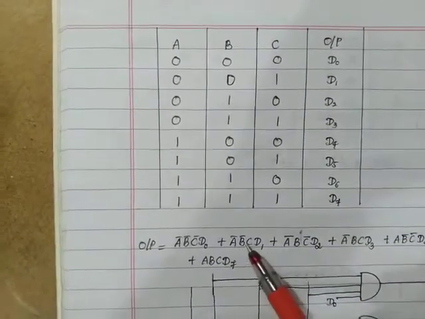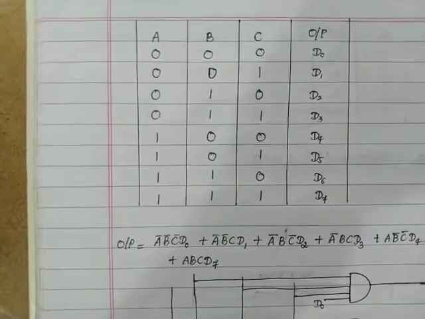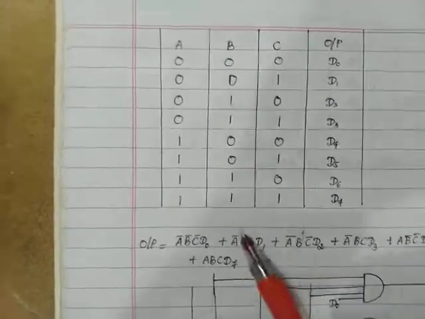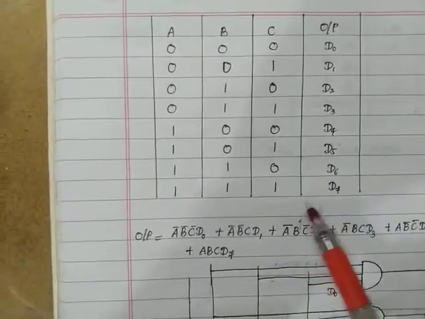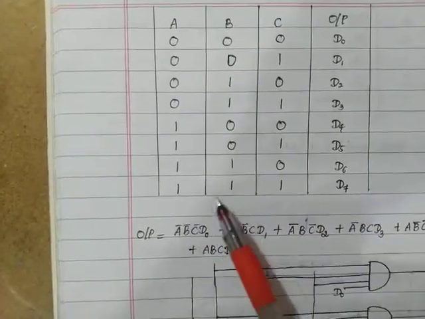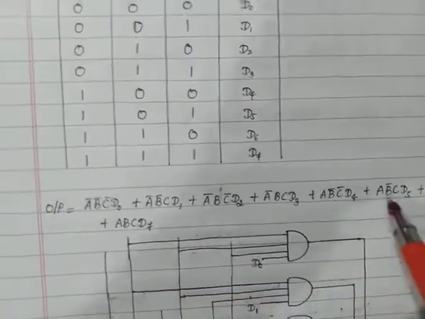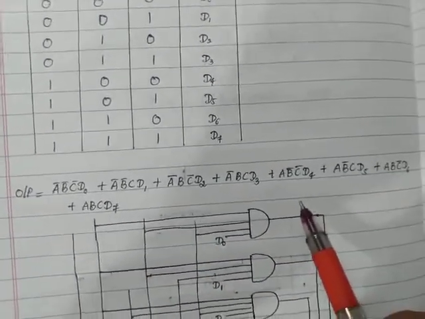That's why A bar, B bar, C, D1. Similarly, I should write down overall 8 equations. Coming to the last one, the 8th term, all are 1 only, hence I can write A, B, C, D7. Okay, this is your output equation for the 8:1 multiplexer.